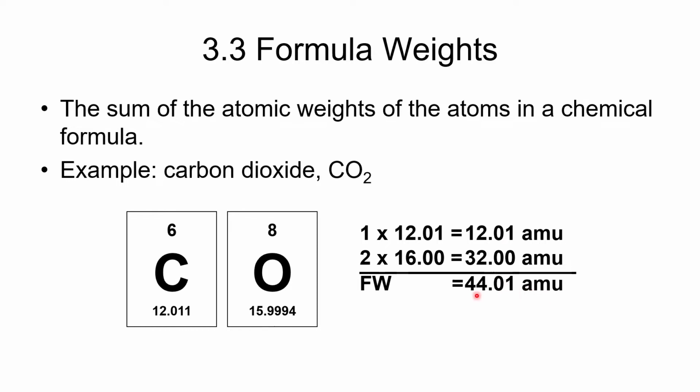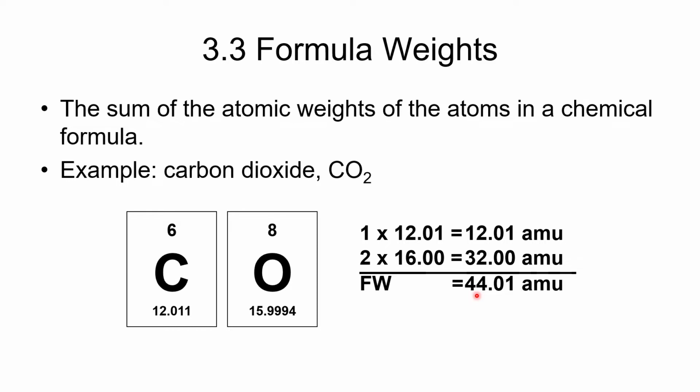That number, 44.01, is the average mass of a carbon dioxide molecule on Earth. However, I will point this out. There are no molecules of carbon dioxide on Earth that weigh exactly 44.01. Most of them weigh very close to 44, and about 1% of them weigh about 45. And when you average it out, it comes out to 44.01.